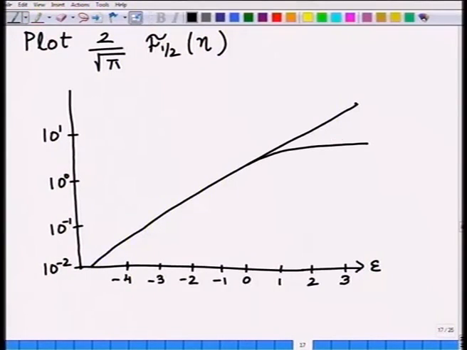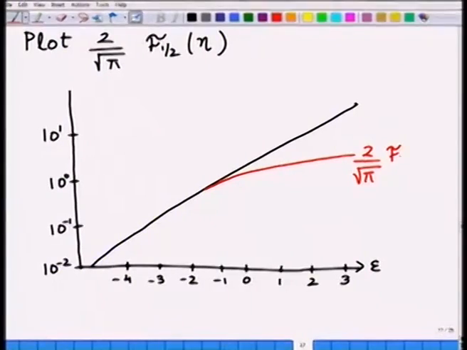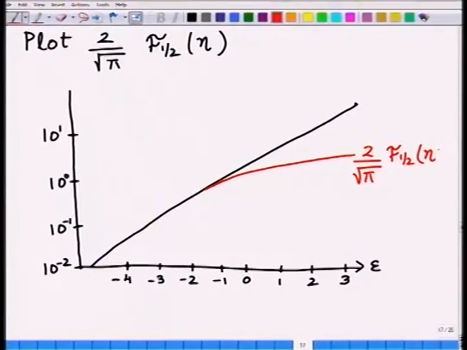All right. So maybe I plot it with a different pen. This red line is a plot of 2 by root pi times the Fermi-Dirac integral of order half of eta, and this black line is a plot of e to power eta.